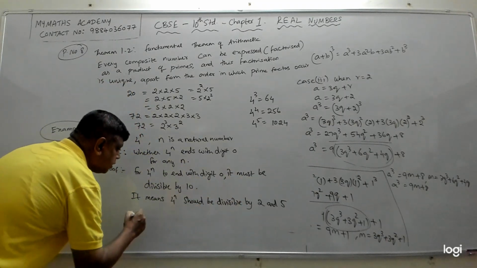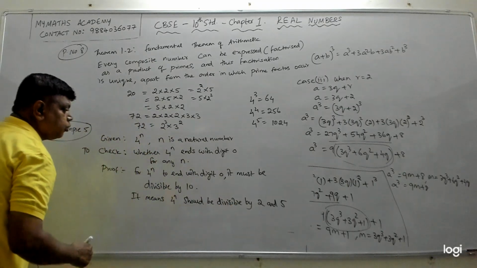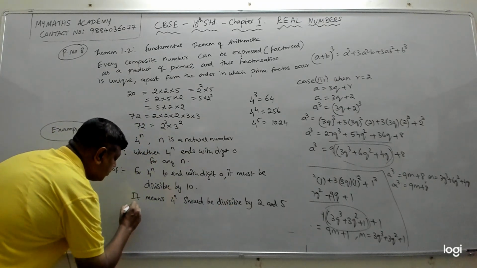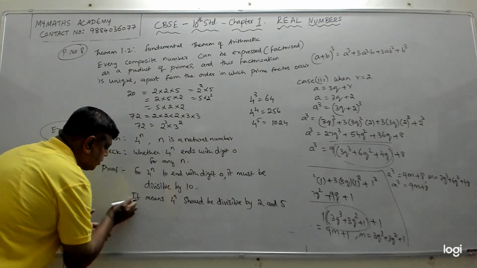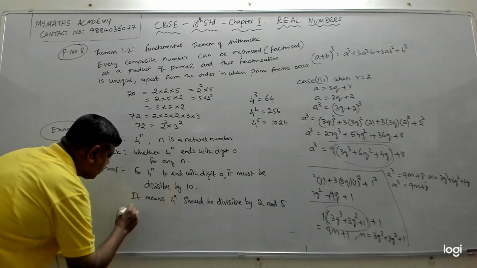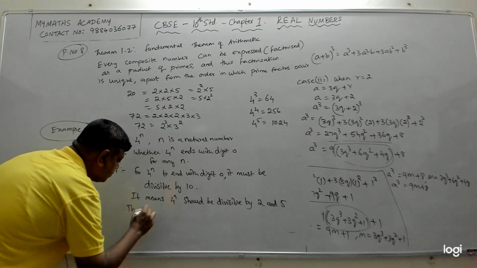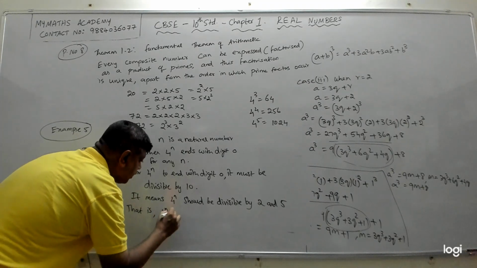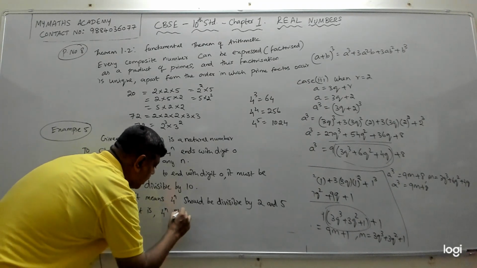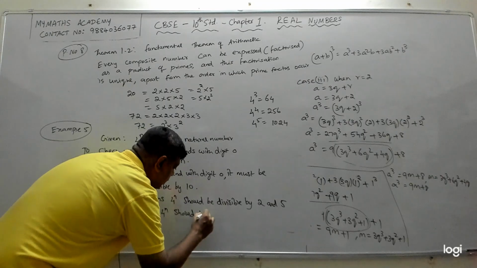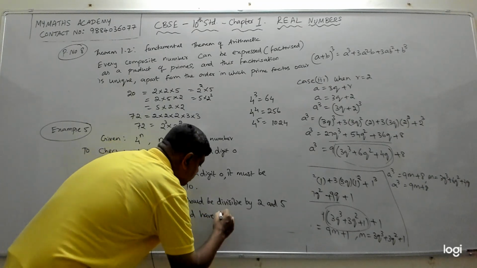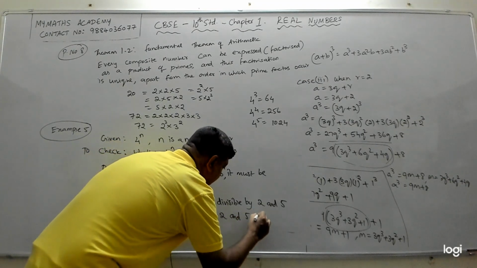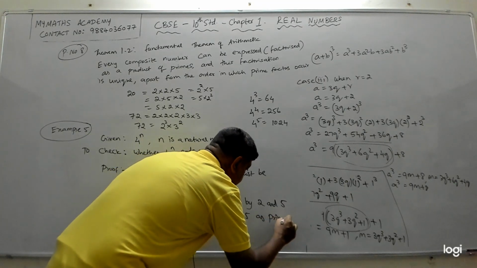So 4 power n should be divisible by 2 and 5, that is, 4 power n should have 2 and 5 as prime factors.